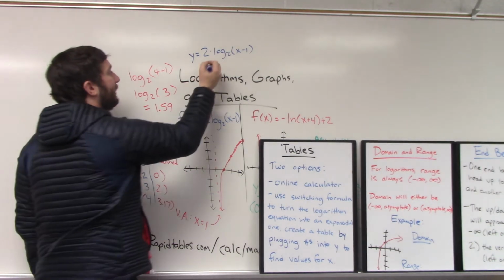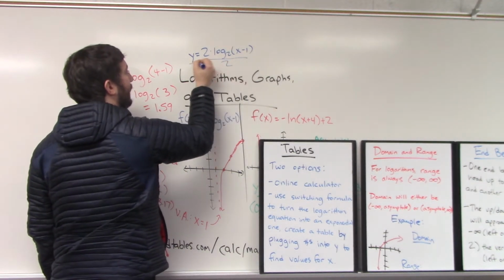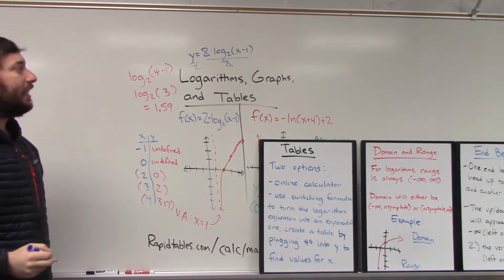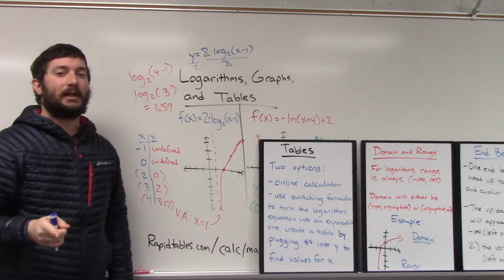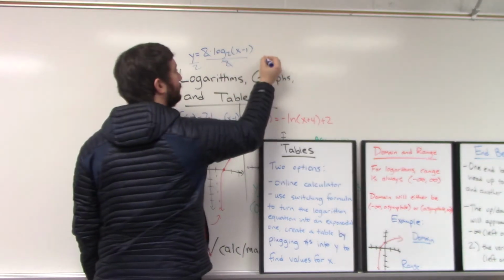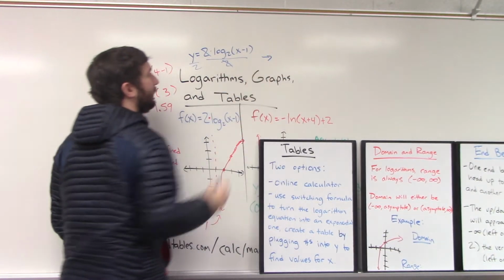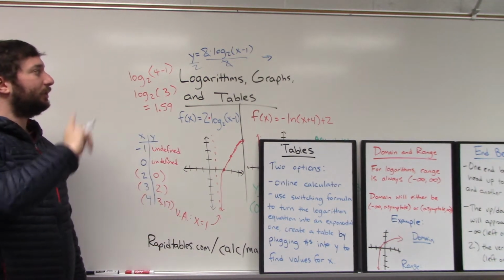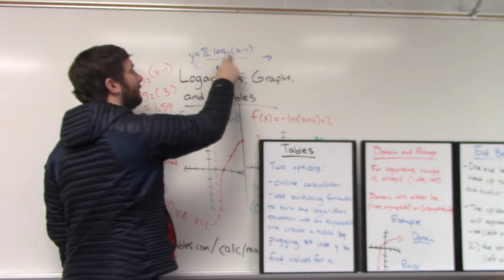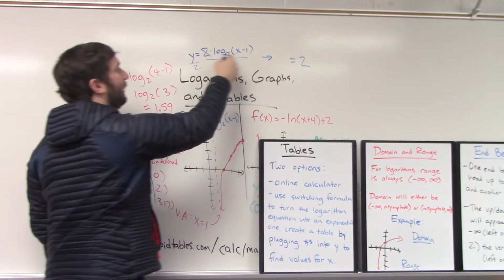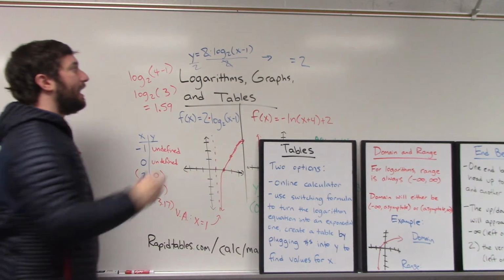First of all, I want to get the logarithm by itself. So divide by 2, get rid of anything outside your logarithm. Then use your switching formula. Remember this important thing that we saw in our last video? The base stays the same, everything else switches sides. So 2 is the base, 2 will stay the base on the right side of the equation, and everything else will switch.